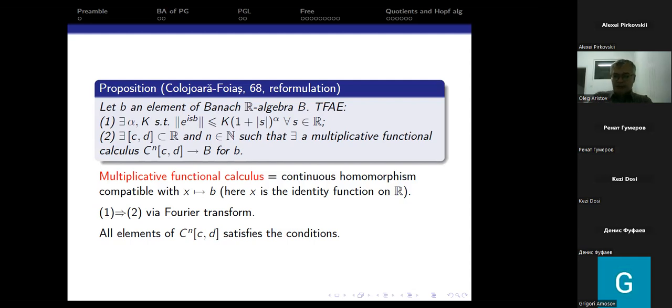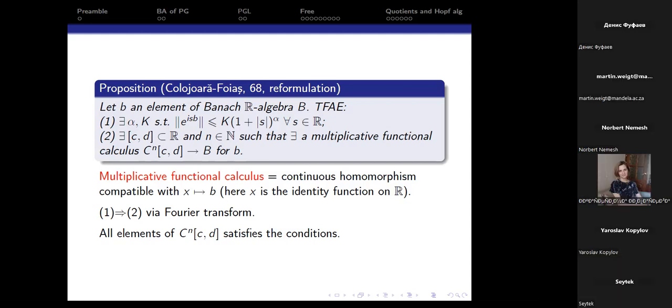And multiplicative functional calculus means that it is a continuous homomorphism compatible with the map from the identity function to our element b, which we fixed previously. It's interesting that the proof that property 1 implies property 2 used the Fourier transform.